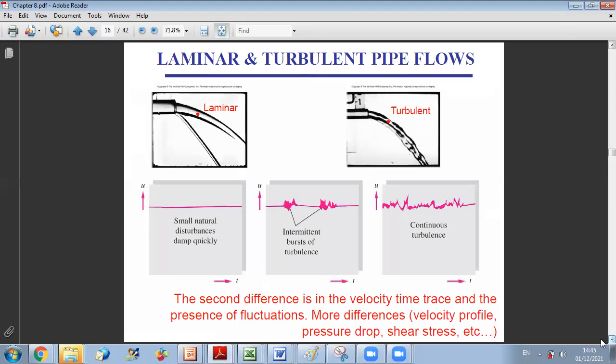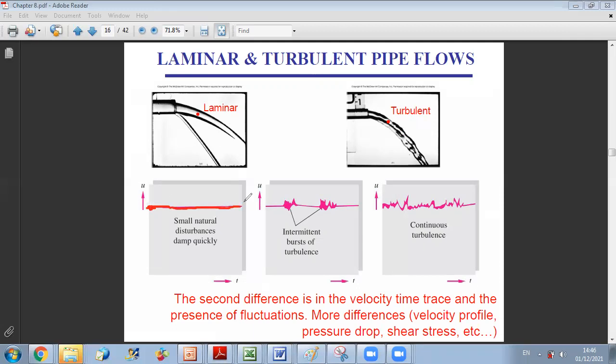Now, the second difference is in the velocity time trace and the presence of fluctuations. In case of laminar flow, if you have a steady application and V average is constant, then if you measure your velocity at a certain point, it will not vary.